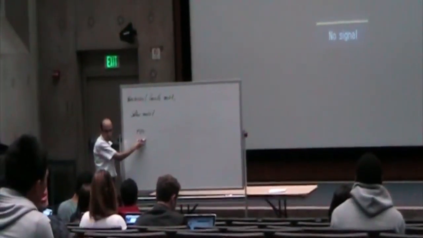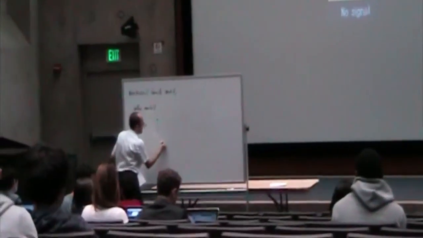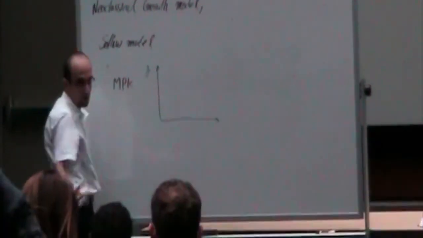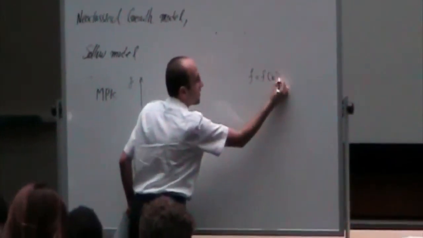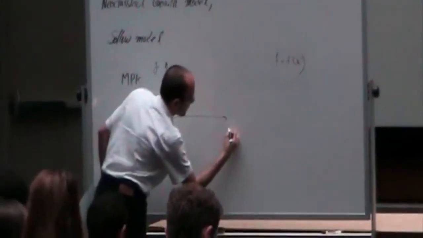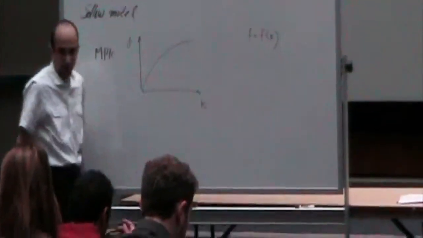Marginal product of capital, okay? You remember what that was? If I put the y that I derived in the previous function, y is equal to f of k, output as a function of capital, and let's say it has a graph like this.